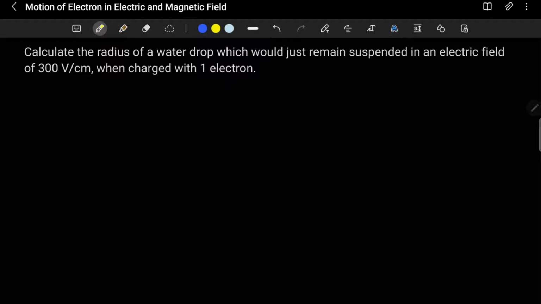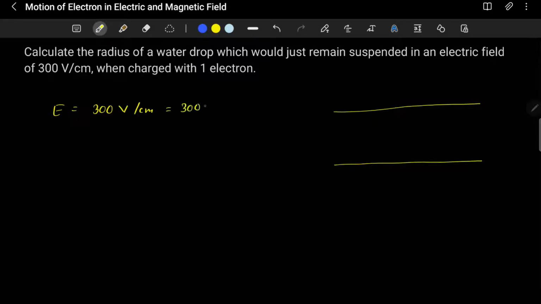Calculate the radius of a water drop which would just remain suspended in an electric field of 300 volt per cm when charged with 1 electron. So we have a water drop in an electric field. Consider two plates between which there is an electric field whose value is 300 volt per cm.